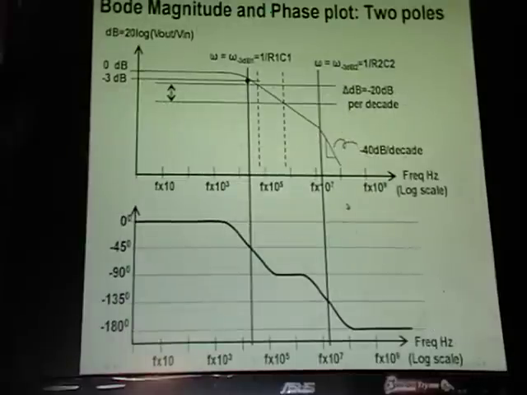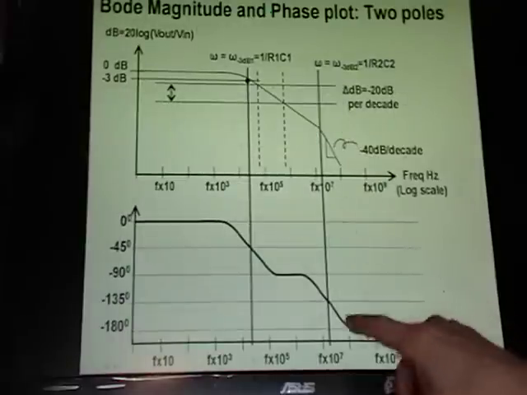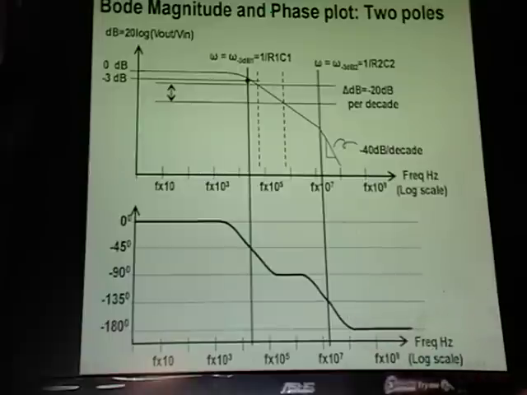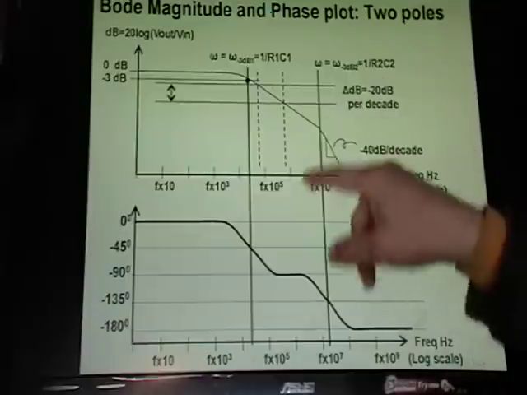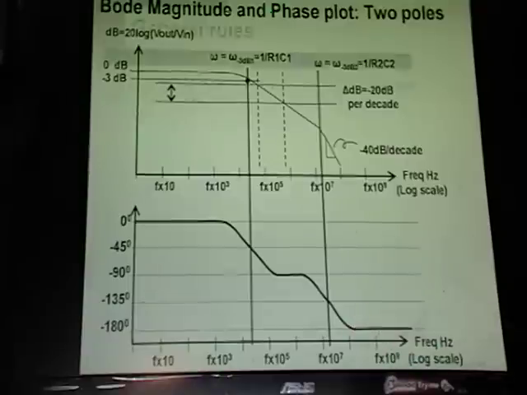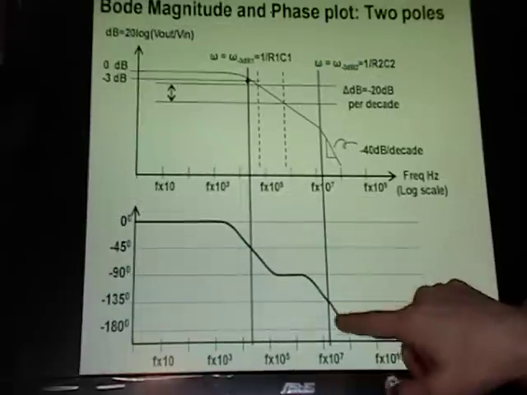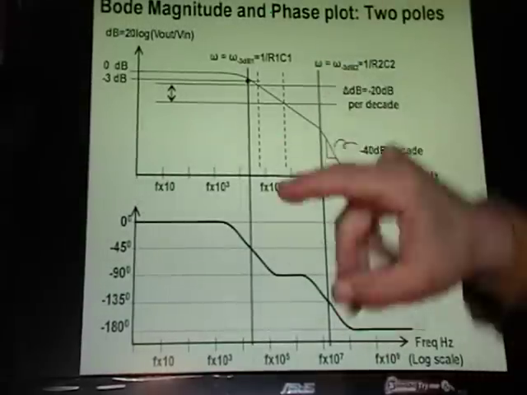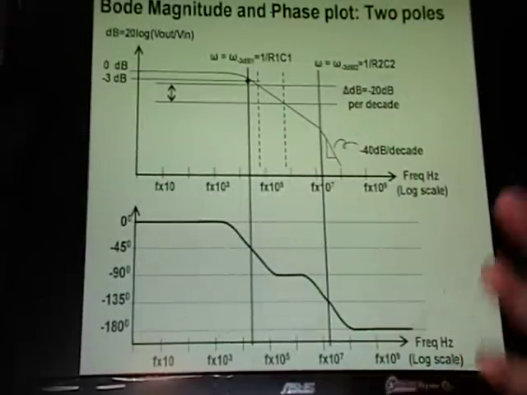Okay, we talked about having that second pole and the minus 180 degrees phase shift. That's in relationship to when you're using feedback. All of the amplifiers that you've used so far have used negative feedback. If you have 180 phase shift, what used to be negative feedback is now flipped over and it's positive feedback. And the rule that we're using in this class is Barkhausen's. Barkhausen says if you have an amplifier with feedback, that's the important thing.